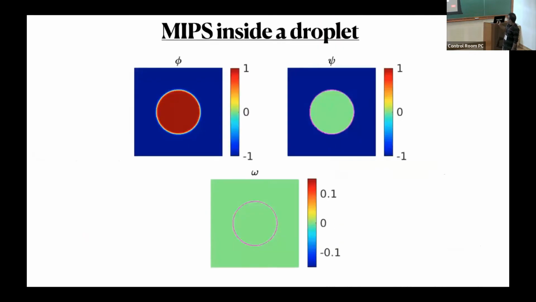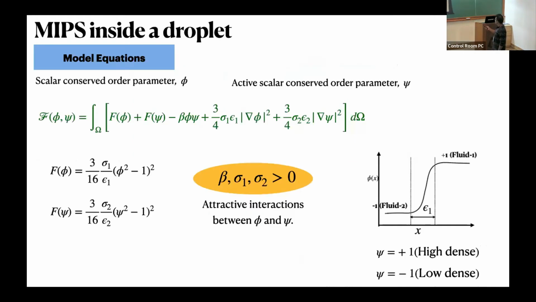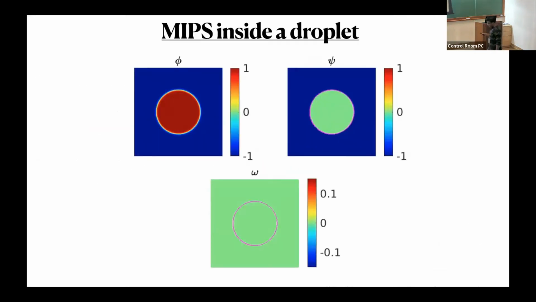Before going to technical details, I want to show one of our simulations, then I will go into detail. Let's take a droplet of one fluid in another fluid, and we are putting active swimmers inside the droplet to see how they phase separate, and what the effect is in this confined boundary, like your droplet boundary.